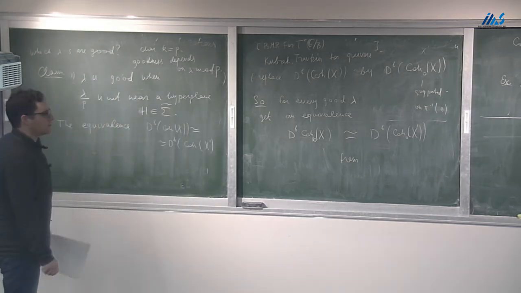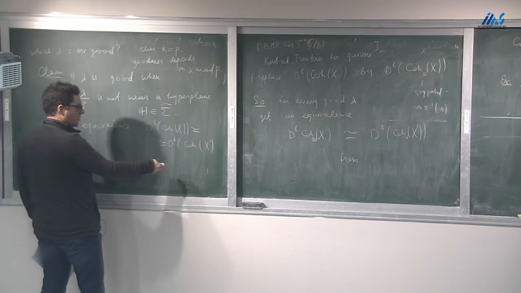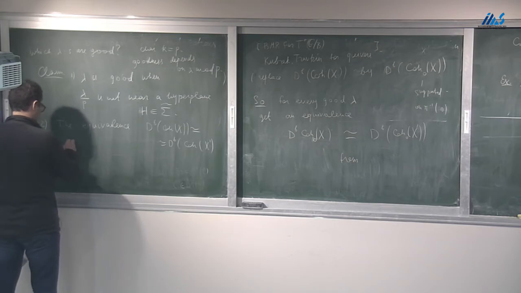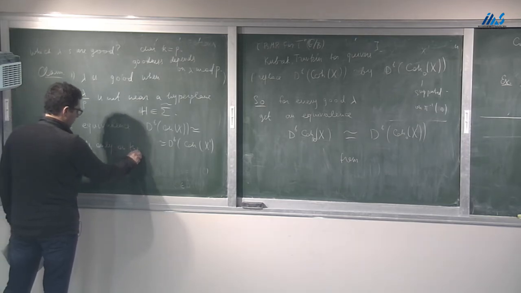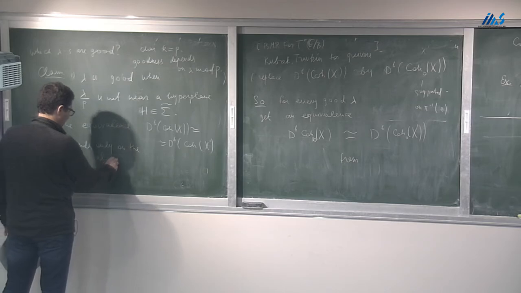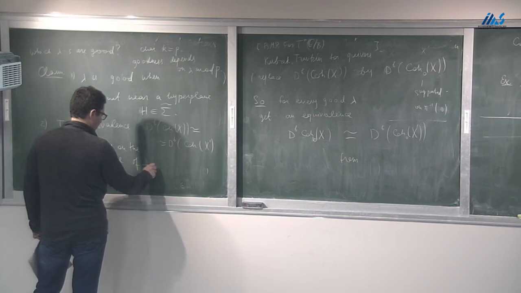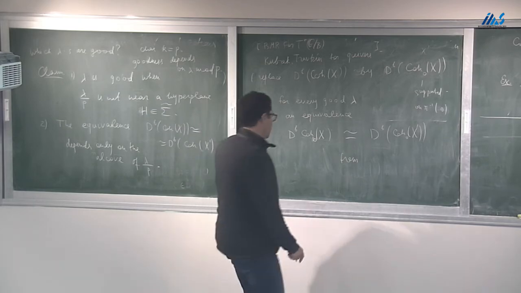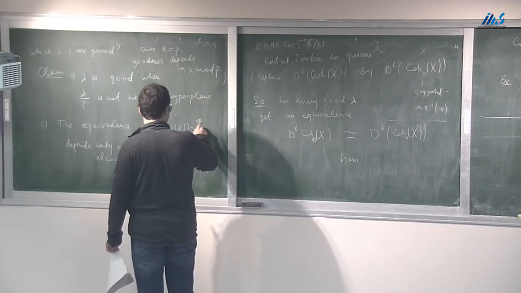I didn't fix a notation for it, but I did expand a construction which involved lambda. So it depends only on the alcove in which this lambda over p lies. So maybe call it phi lambda.